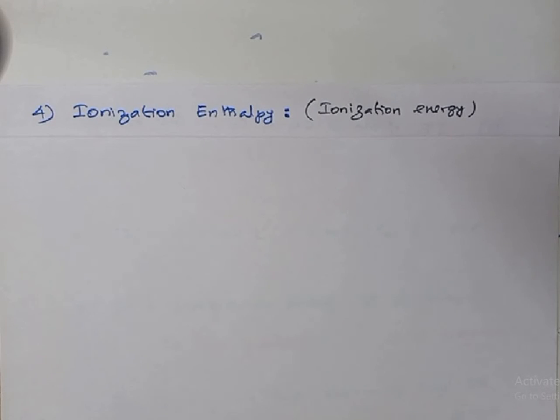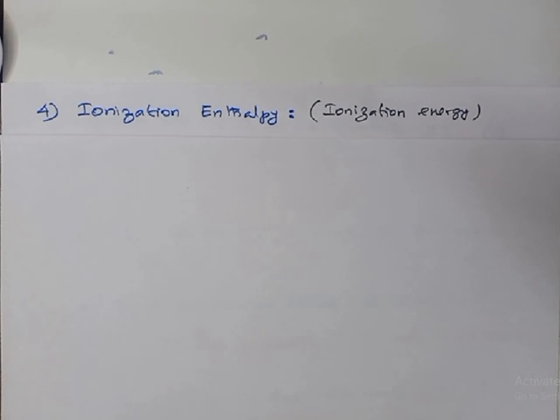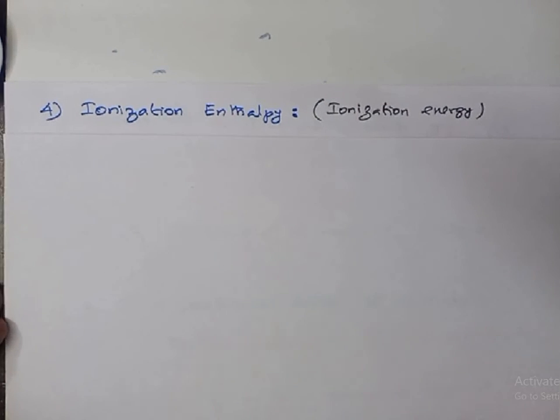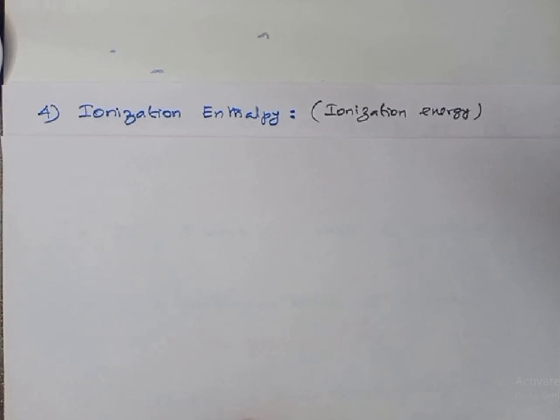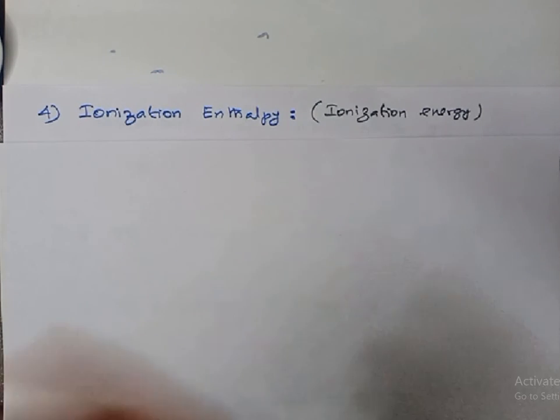Right, students. What is meant by ionization? Converting a neutral atom into an ion. In the case of d block, you know very well, all d block elements are metals, so they are ready to form positive oxidation states, or they are ready to donate electrons.